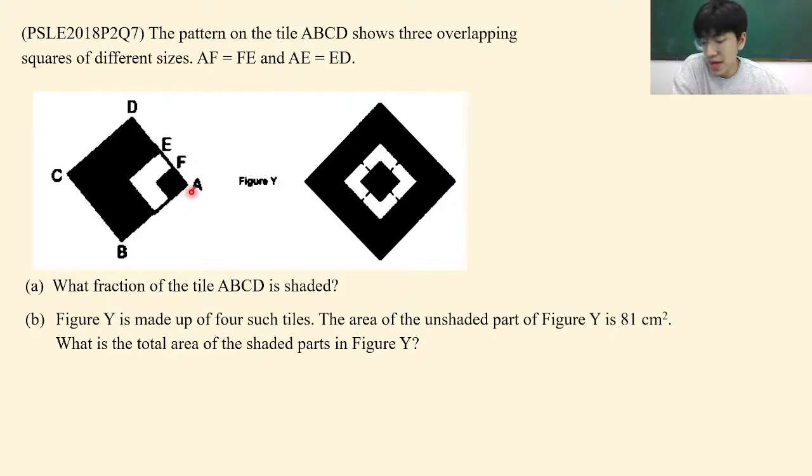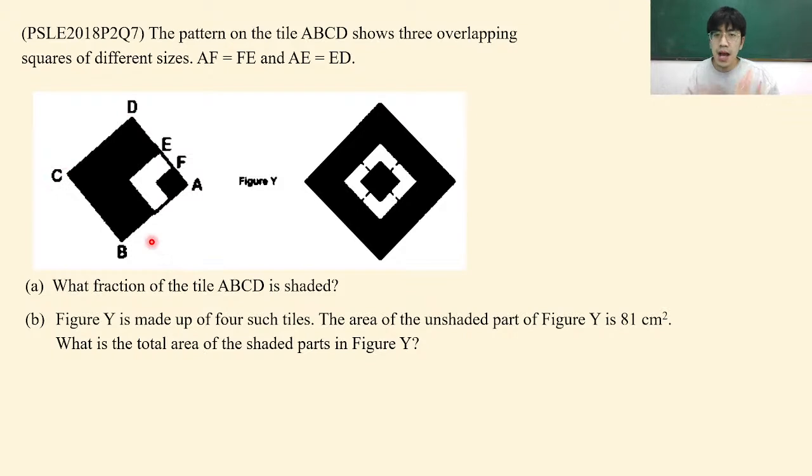And I can see that we can all agree that when we are talking about fraction, we need to figure out what are the portions of these two different shaded areas. Now let's see. We can treat this big square over here, ABCD, as one unit, and then we can investigate what portion of this one unit constitutes this big square.